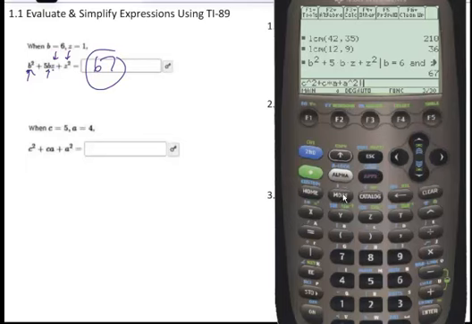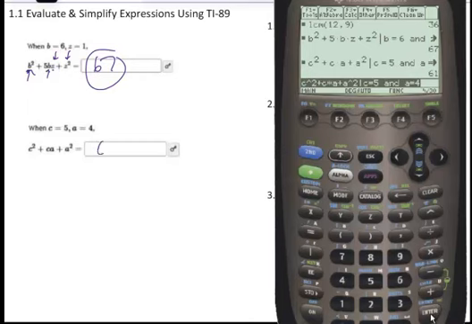Okay. I'm going to let C equal 5, and again alpha lock space, type the word AND, space again, deselect the alpha key, and I'm going to let A equal 4. And when I evaluate this, I get my answer to be 61.